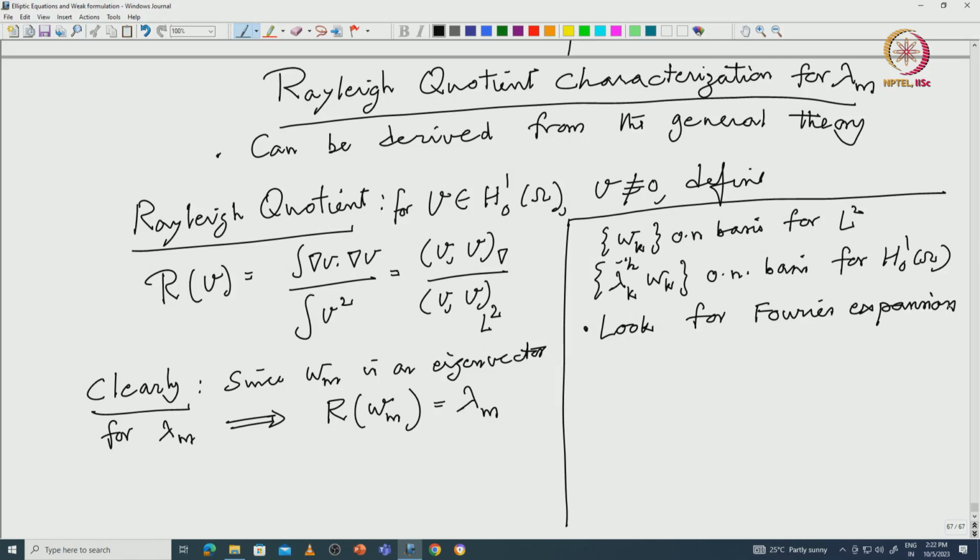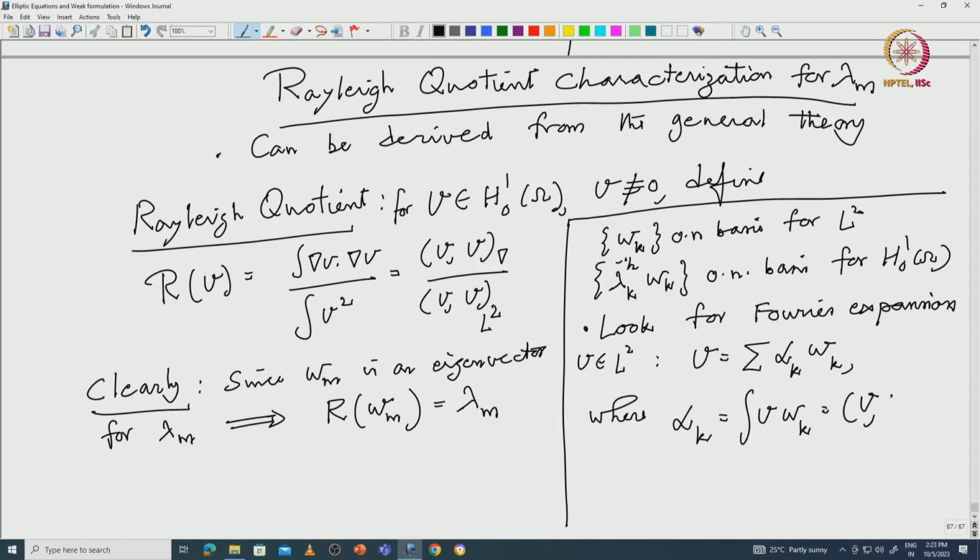What is the meaning of looking for a Fourier expansion? You write for any V in L2, V equal to sigma alpha k Wk, where your alpha k is equal to, you take that inner product, the integral of V Wk. So you are taking the inner product of V with respect to Wk. That is what you do, right? That is nothing but V Wk with the L2 inner product.